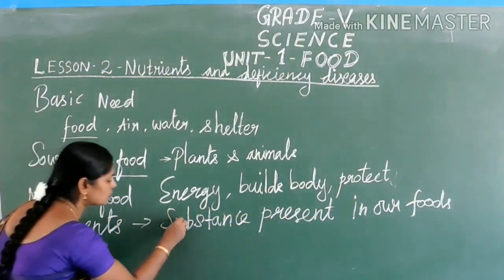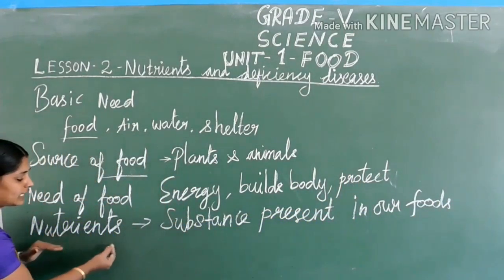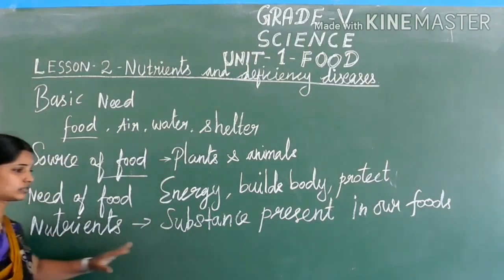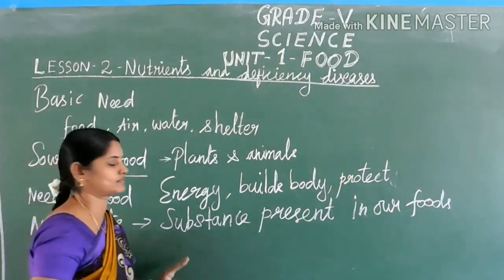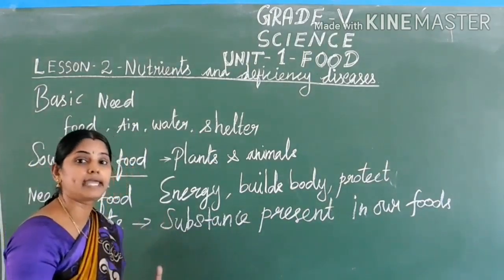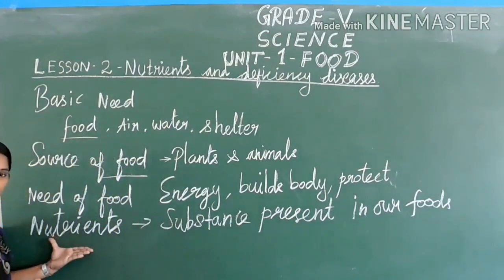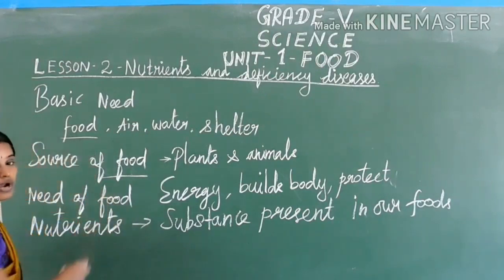Okay children, now we go into detail about what the nutrients are. Is that one substance or many substances? There are 5 main nutrients we are going to study in this lesson. What are they?